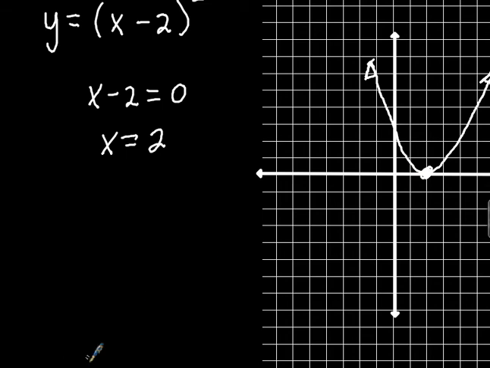That's what happens whenever you get to a root or an intercept that has a squared power on it. You're going to bounce off of it, in a smooth little bounce like this. Does it change for all of the exponents? It does.